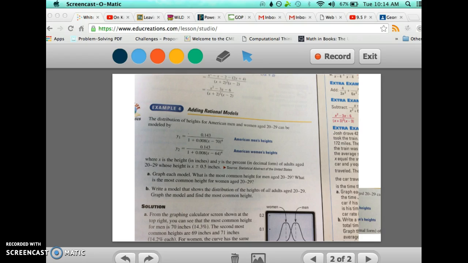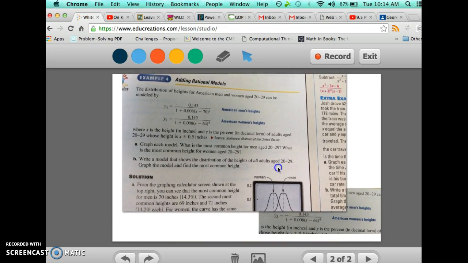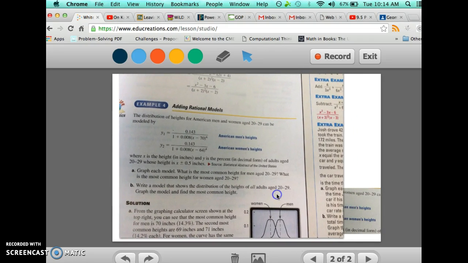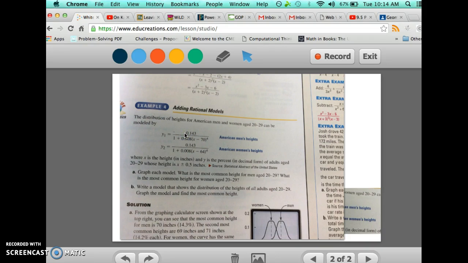So basically, it's a couple of fancy graphs, and part A says to show you those graphs, and there they are, right here. But we're not focusing on that, partly because my screen cap doesn't really show that. But if you graphed each of these two equations, they look something like this.